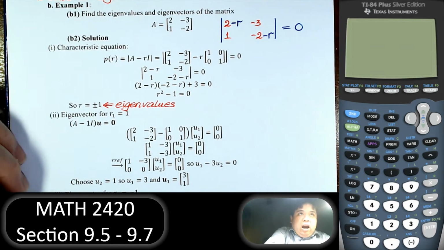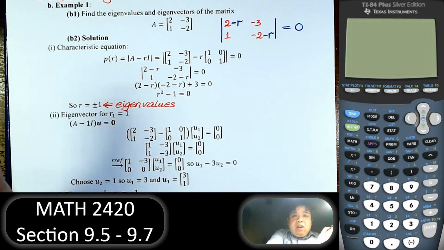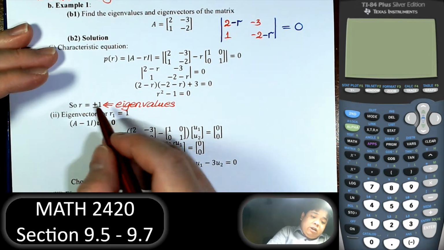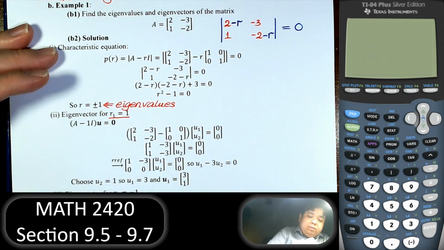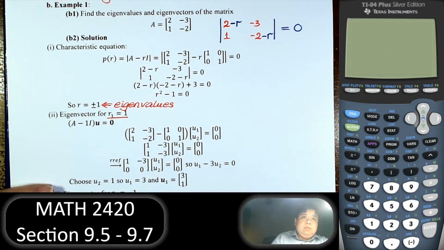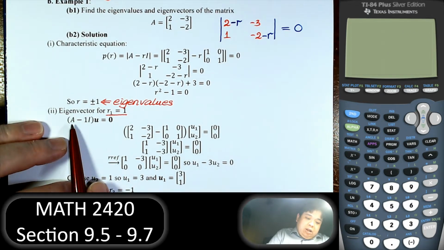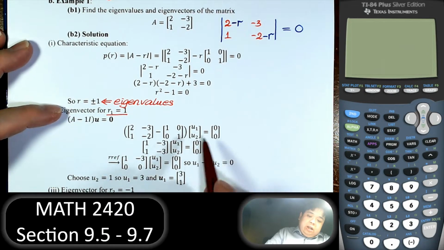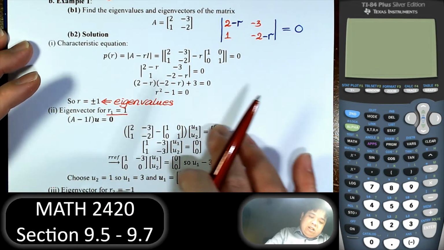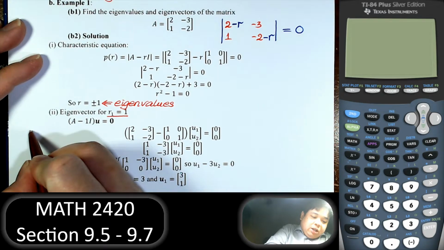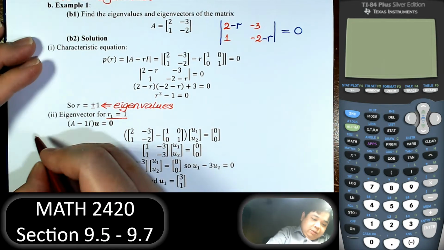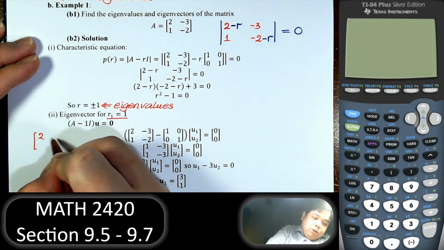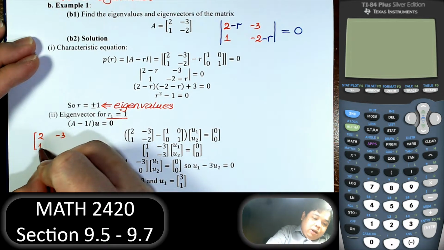Next, to find eigenvectors. Eigenvectors will be associated to eigenvalues. So there are two eigenvalues. First we have the eigenvalue of 1. So we do the same thing, A minus 1 times I. Instead of doing all of that, you can just write the matrix A, 2, minus 3, 1, minus 2.